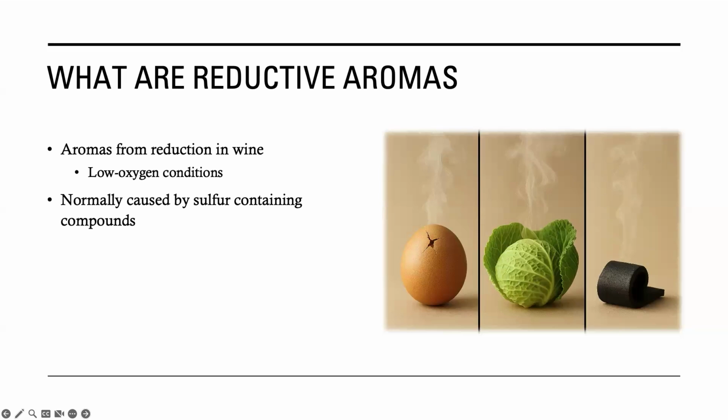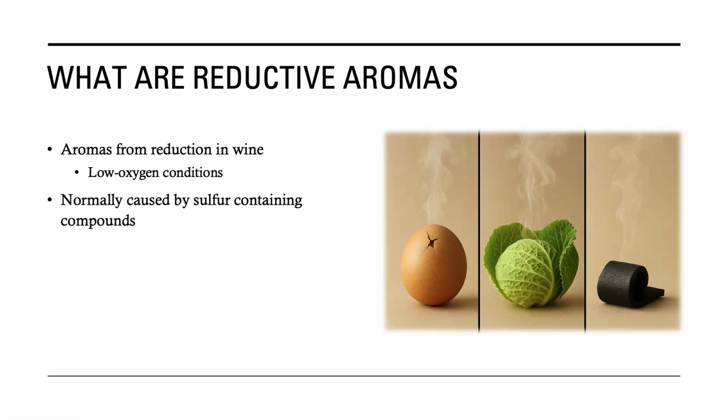It's really linked with amino acid chemistry within the wine, and it's also heavily involved in the fermentation. But we can go all the way back to the vineyard and things we do in the vineyard to affect some of these reductive type aromas. So sulfur-containing compounds, that's mainly what we're going to be talking about today.